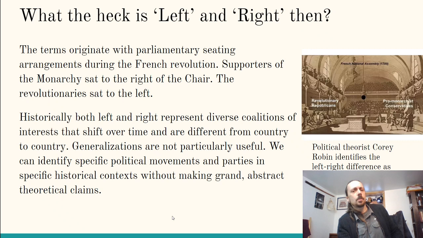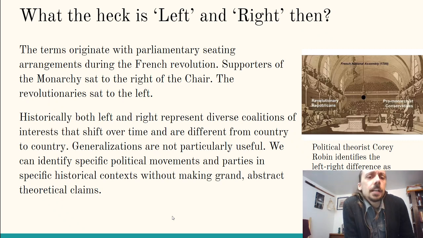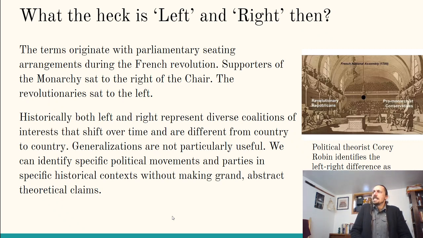And how I'm going to think about left and right in the totalitarian context is I'm going to ignore it a little bit and just talk about ideology. When we think about the political left and the political right, the terms originate in a weird way. They come from the seating arrangements in the French National Assembly during the French Revolution.